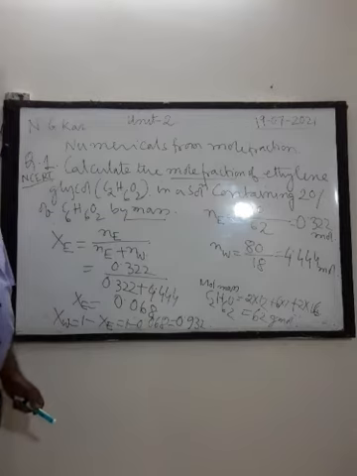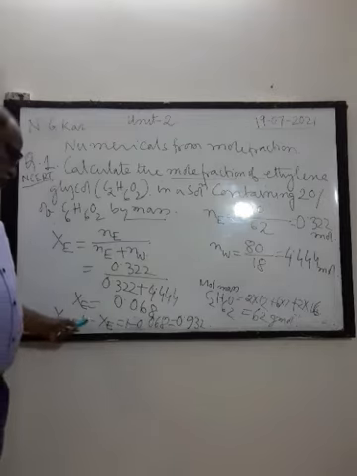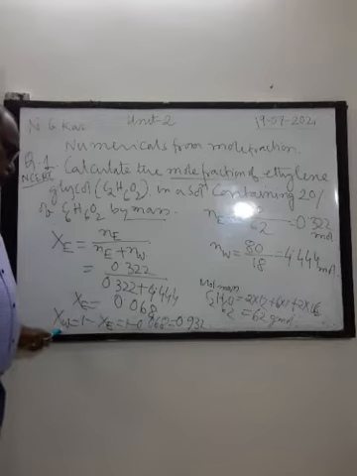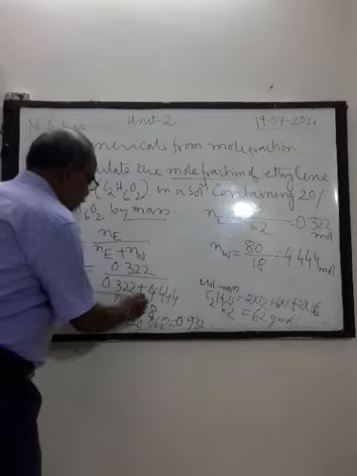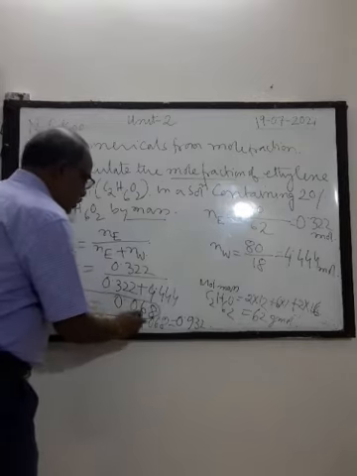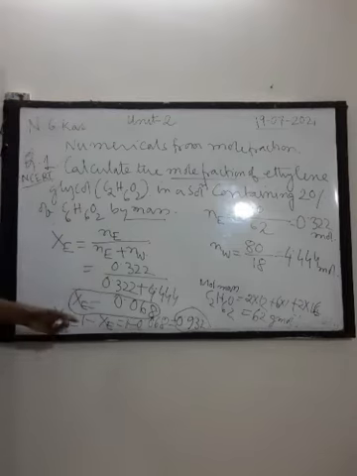Now we know that the sum of mole fractions equals 1, so 1 minus ethylene glycol gives the mole fraction of water. So this is the mole fraction of ethylene glycol and this is the mole fraction of water. Okay, so write this question.